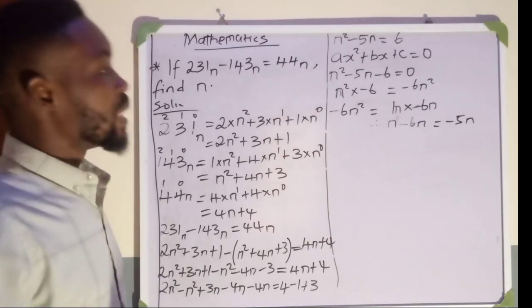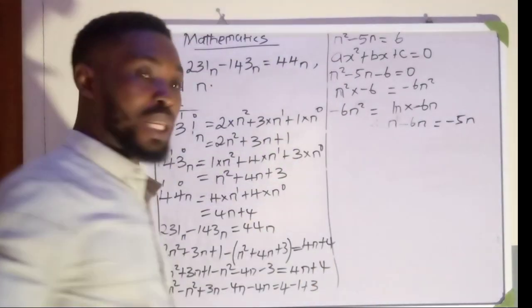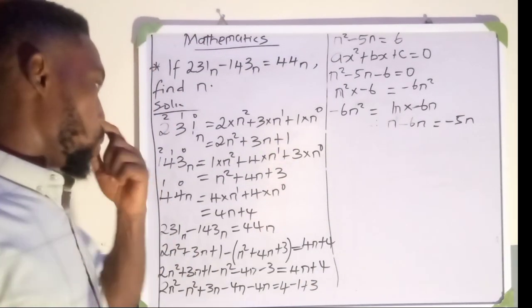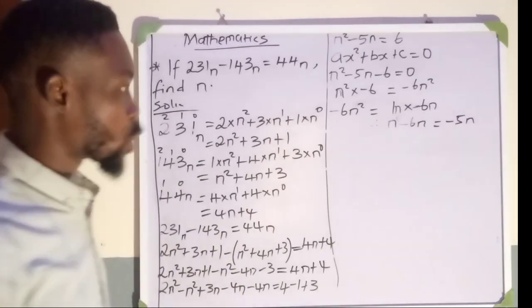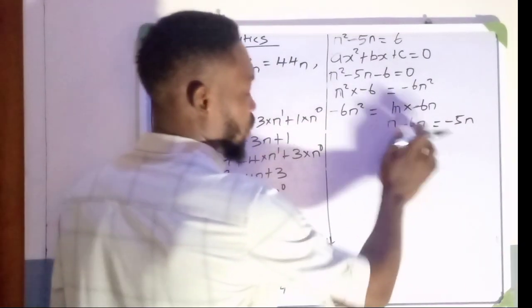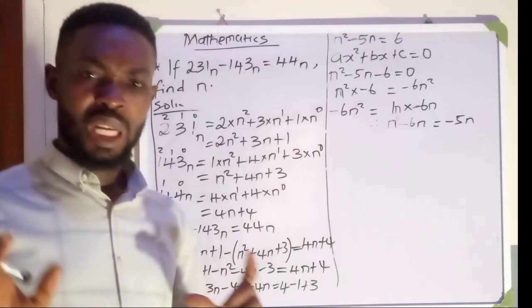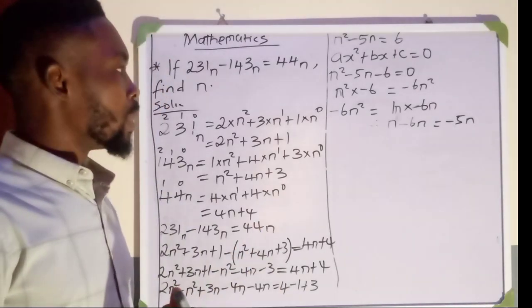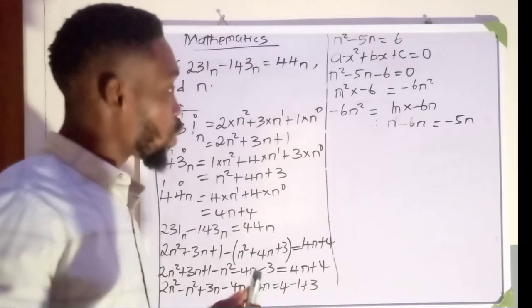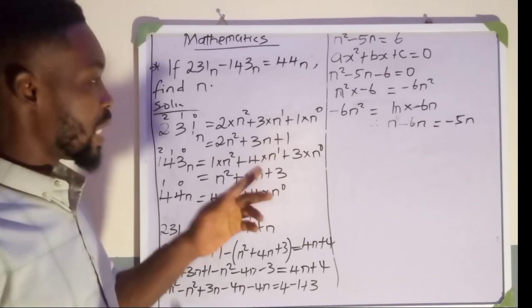I just wrote 1n to make it very clear and understandable. And again, n times minus 6n will give us minus 6n squared. So n and minus 6n are the numbers or factors that we can use to replace the linear term.